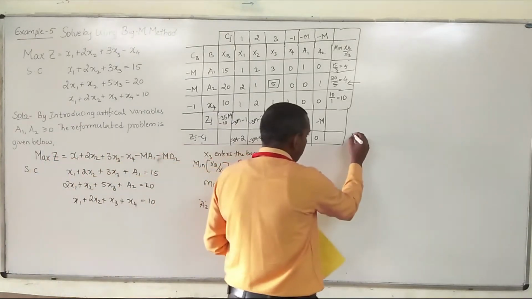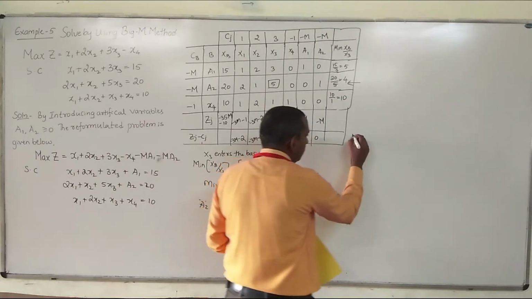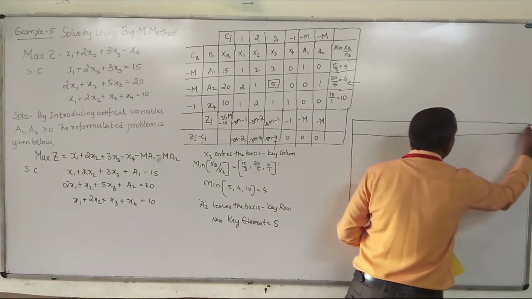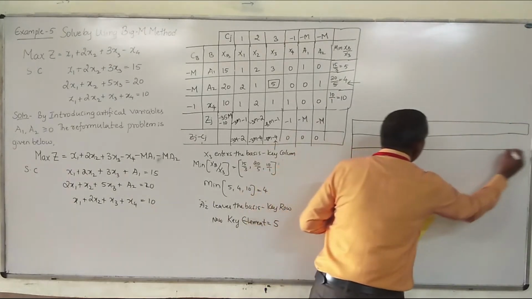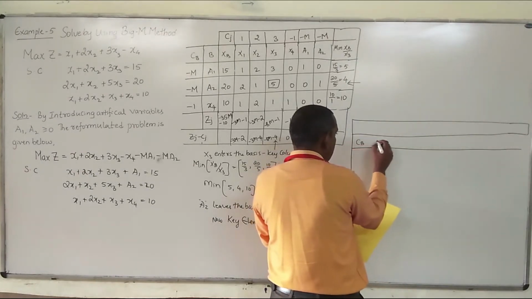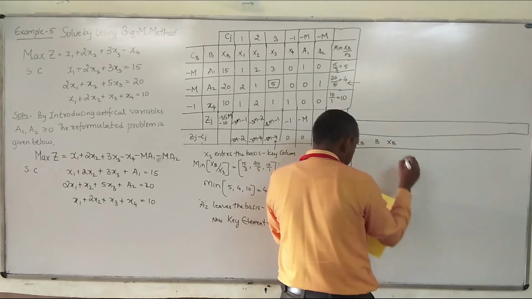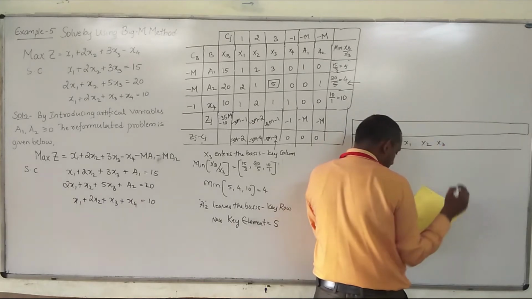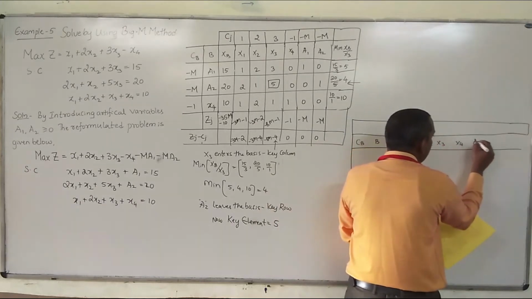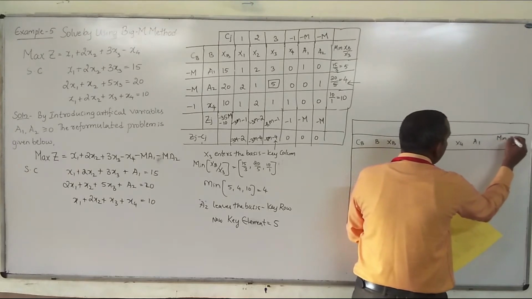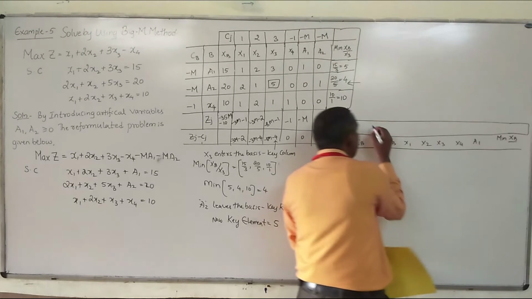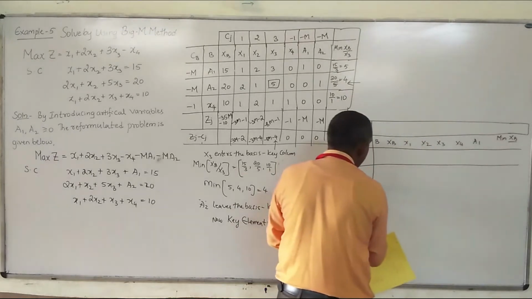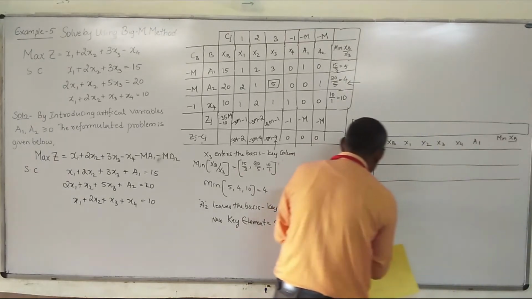So I will draw the next simplex table here. It is CB, then B, XB, X1, X2, X3, X4, A1, then the minimum of XB upon. Why have we not included A2 here in the table?